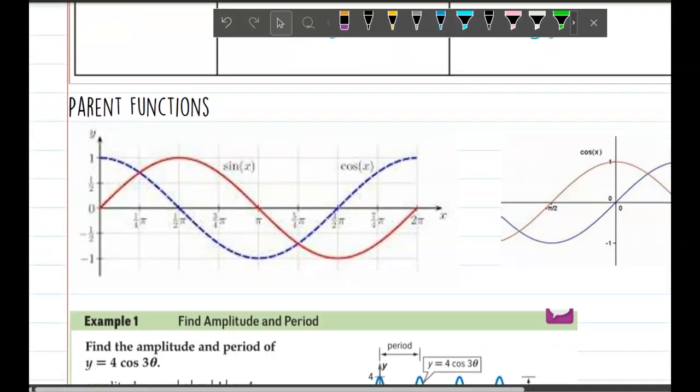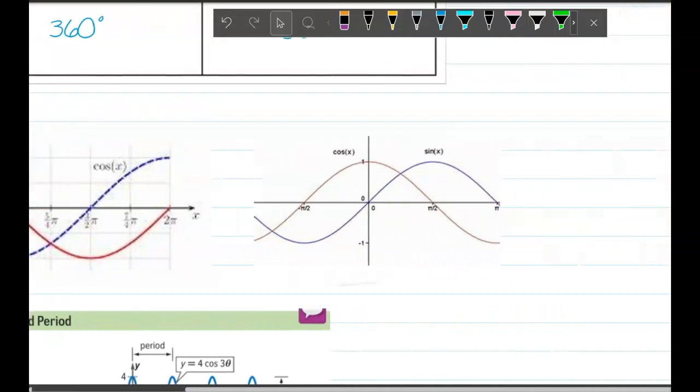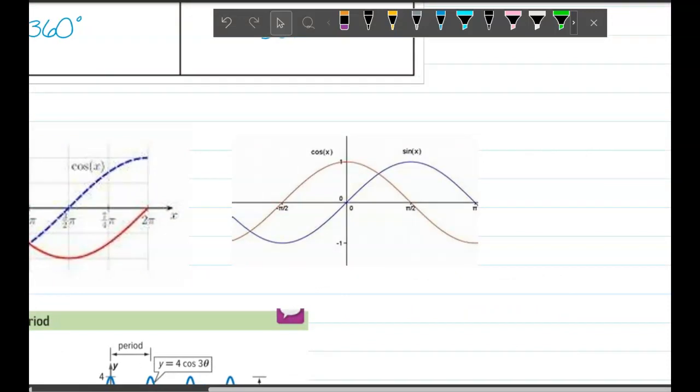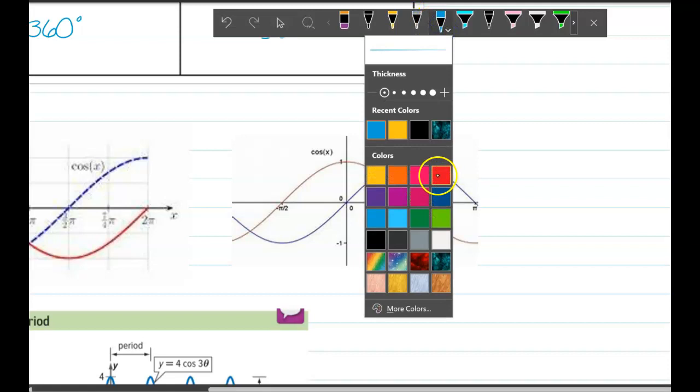Taking a look at these parent functions, you can see that they're very similar. It's almost like the sine function has just been shifted a little bit, but they're the same function shape, generally speaking here, when we're talking about the parent functions. I want to talk a little bit about their symmetry. The cosine function is going to be symmetric about the y-axis.